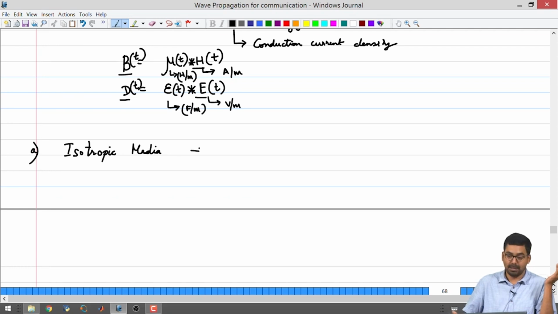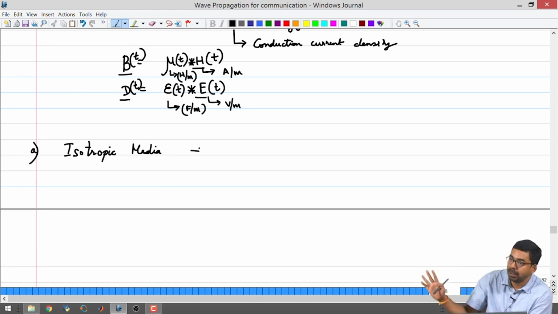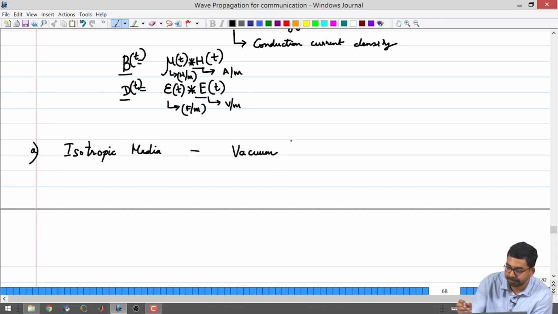So it makes things a little bit more complicated, or it could make things a little bit more interesting. Isotropic medium means that you have uniform properties in all directions. An example is vacuum.